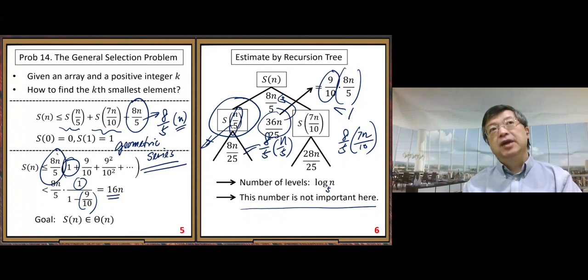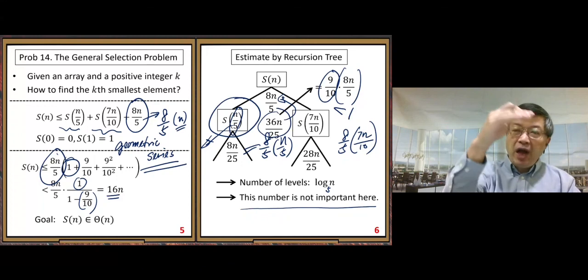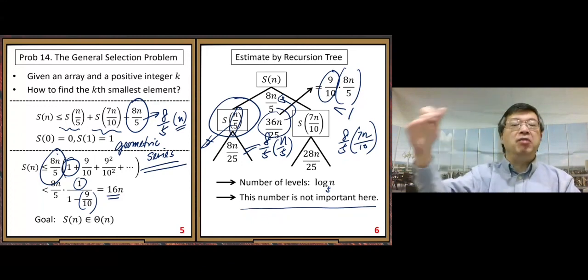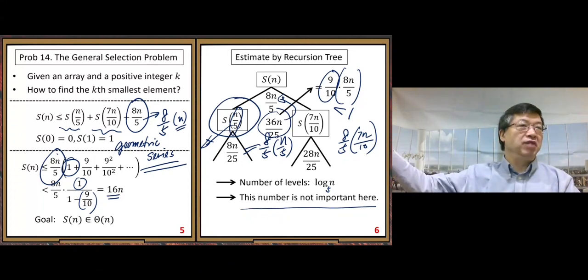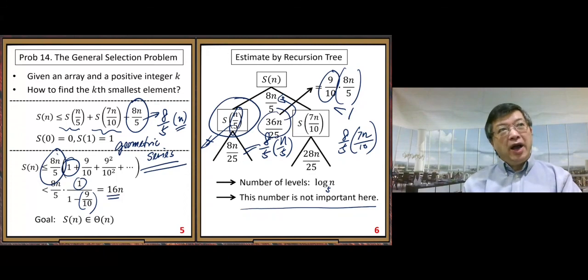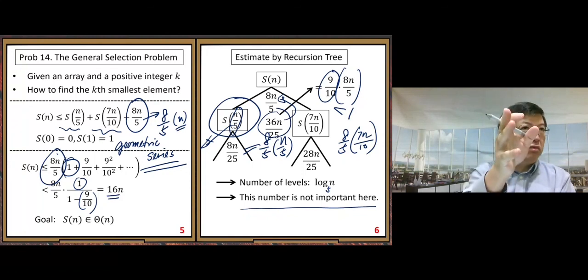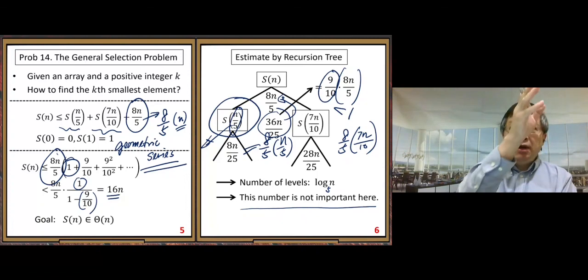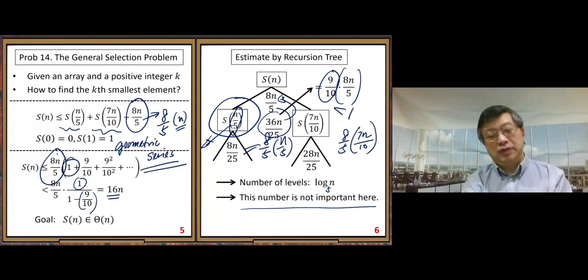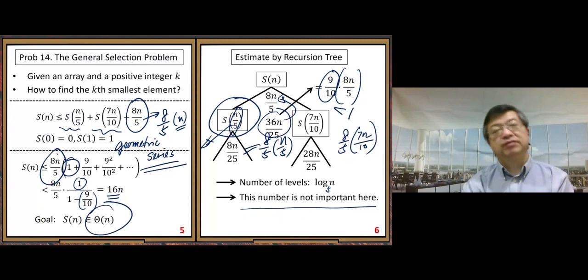So you can see, same method. The only difference is changing from 3-element partition to 5-element partition. All right, now we complete. We solve the whole selection problem. The conclusion is we derived a linear solution.